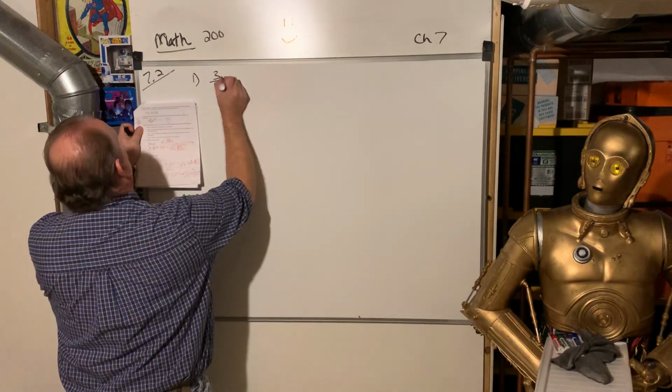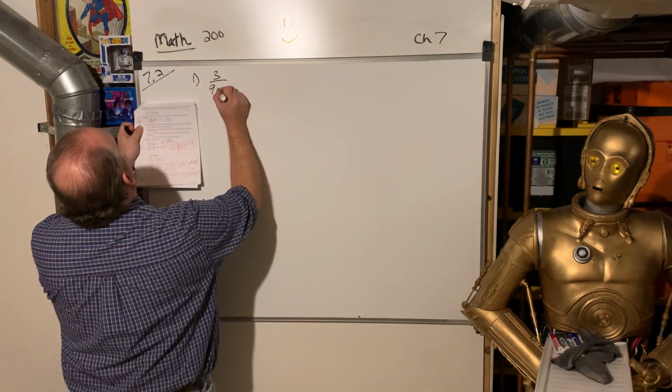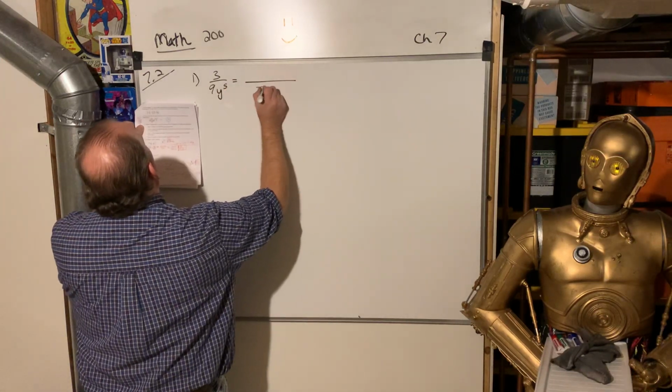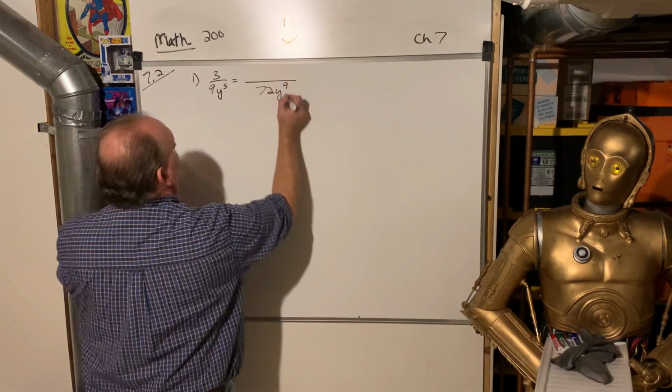They got 3 over 9y to the 5th is equal to something over 72y to the 9th.